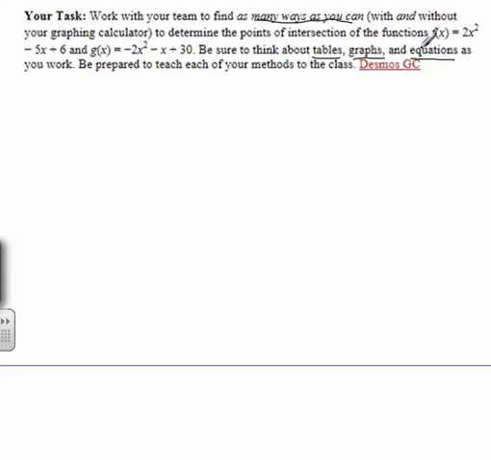Okay, these are both quadratics, and a place where we can find an intersection is a place where they equal each other. So we can set them equal to each other to solve. So the algebraic method would be to copy down f of x, the first function, as such, and set it equal to g of x, the second function.